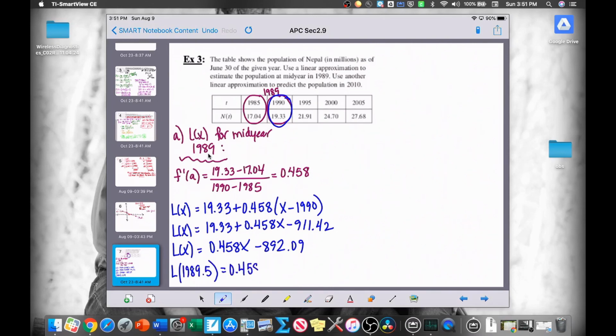So 0.458 times 1989.5 minus 892.09, which gives me an answer of L of 1989.5 is equal to 19.101, and this is million people. Okay, so there is our linear approximation for mid-year 1989 based on this table.